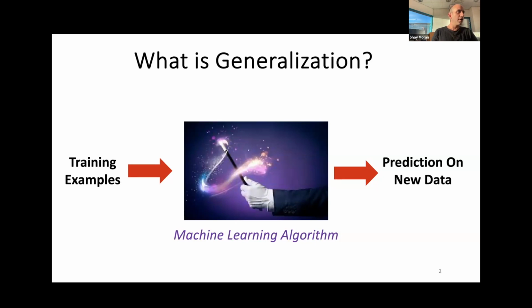This new algorithm is supposed to predict correctly on new unseen examples. You can think about it as trying to learn a general function. We get to see a finite partial subset of this function, and we generalize to unseen points in a way that approximates the target function that we try to learn. So this is generalization: the ability to correctly predict on new data that was not part of the training set.